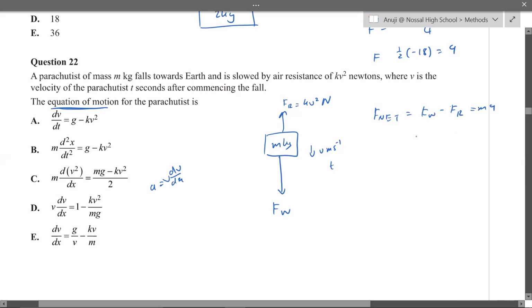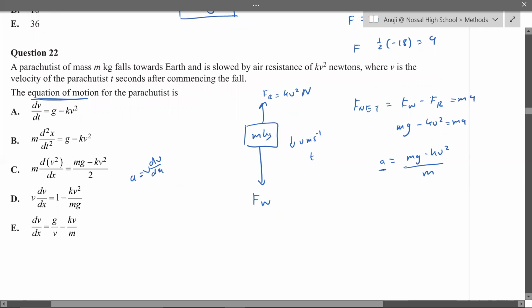Yeah, so F weight is mg minus kv squared equals ma, so a is mg minus kv squared on m. And a again is one of those two things, half d(v squared)/dx or v dv/dx.